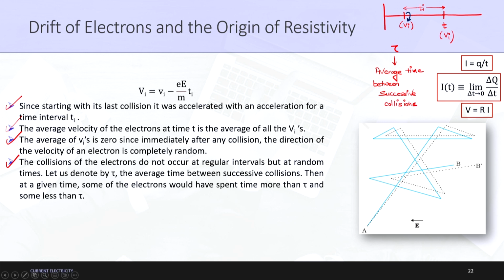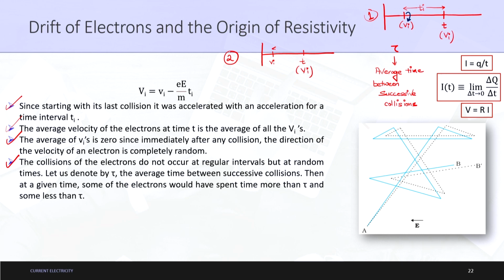Okay. So let us suppose this is a timeline of an electron, denoted by number 1, and let me make another timeline for some other electron. Let us say this is a small time t, this is a small vi, and this is that capital Vi.